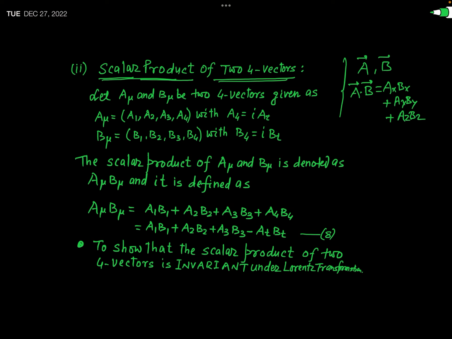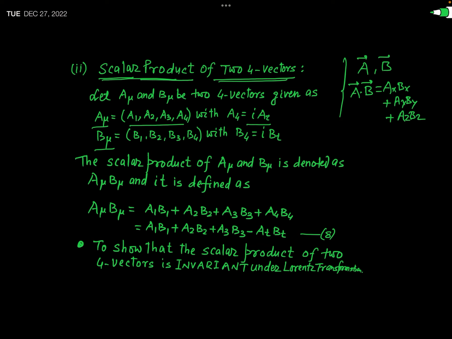So just as an analogy, you can say that if there are two 4 vectors, let us say the first 4 vector is A mu and the other 4 vector is B mu. And this A mu is defined by A1, A2, A3, A4. As you know, these A1, A2, A3 are the 3 components of A mu in 3D space, and this A4 represents its 4th component, which is actually the time part of this vector, and this A4 is defined by I times AT.